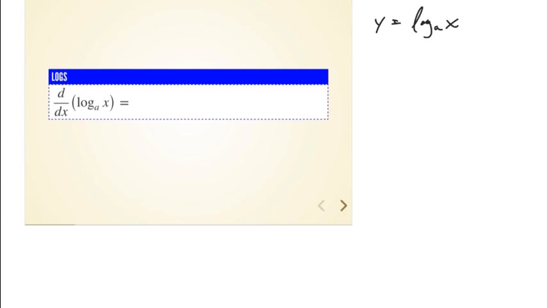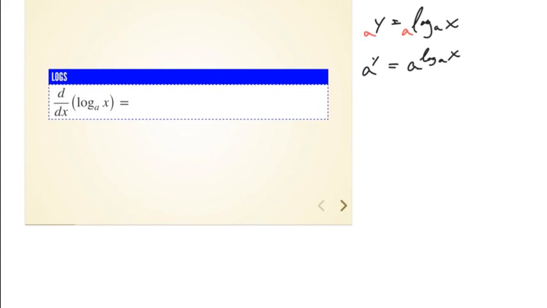Now, what I'm going to do is a little algebraic trick, make a the base of both sides, and both sides of the equal sign become the exponent. So really what we're looking at is a to the y equals a to the log base a of x.